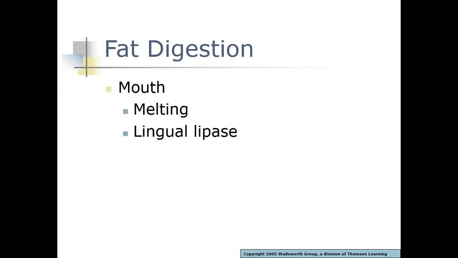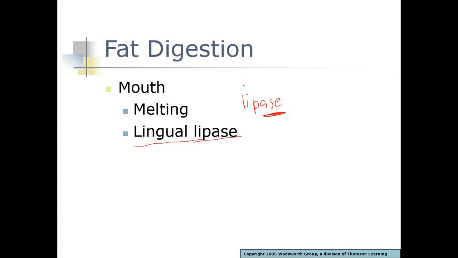Digestion starts in the mouth. In the mouth, we have lipase, called lingual lipase because it's from the mouth. It's the enzyme produced in the mouth. Lipase, class, like anything ending in -ase, means an enzyme.